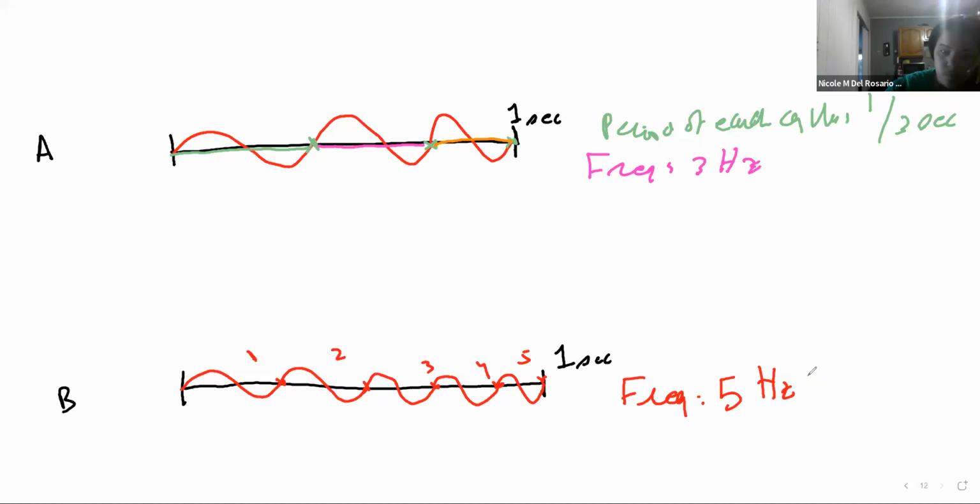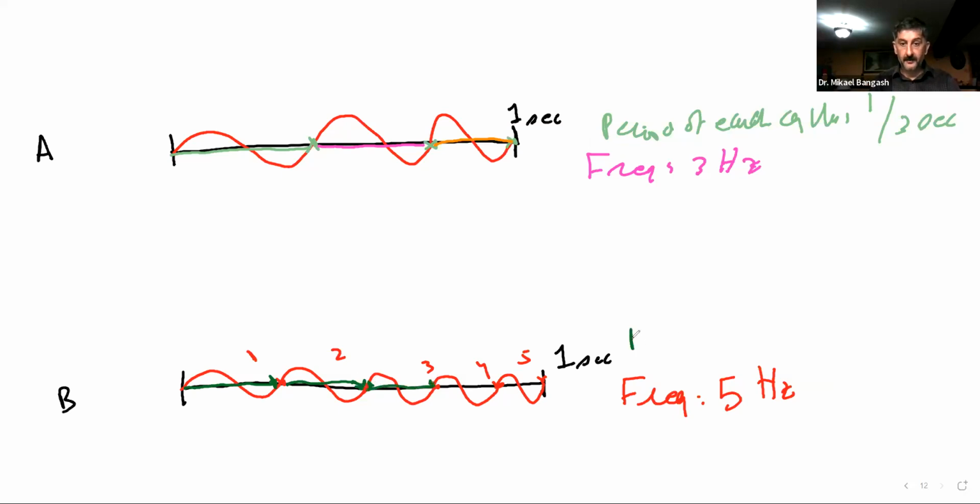Yes. Okay. Which will mean that if we are able to complete 5 cycles in a second, the period for each cycle is going to be 1/5 seconds. Clear.